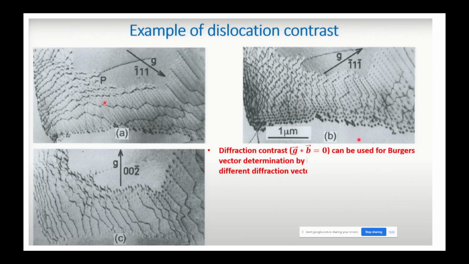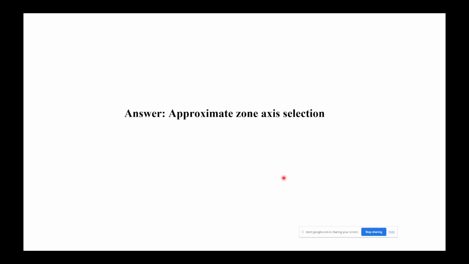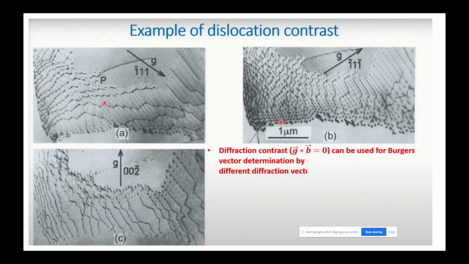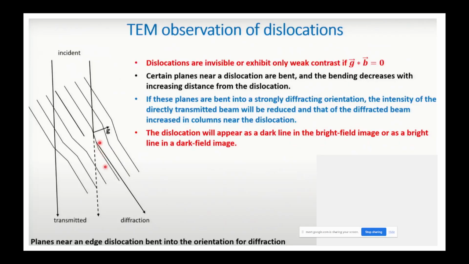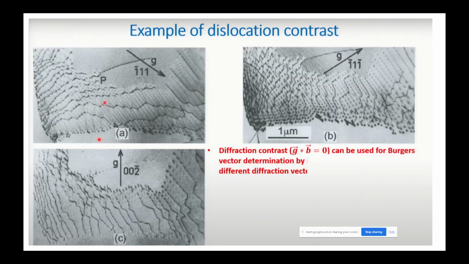So diffraction contrast can be used for Burgers vector determination by different diffraction vectors. So here you can use appropriate zone axis selection. This diffraction contrast is used for Burgers vector determination by different diffraction vectors.